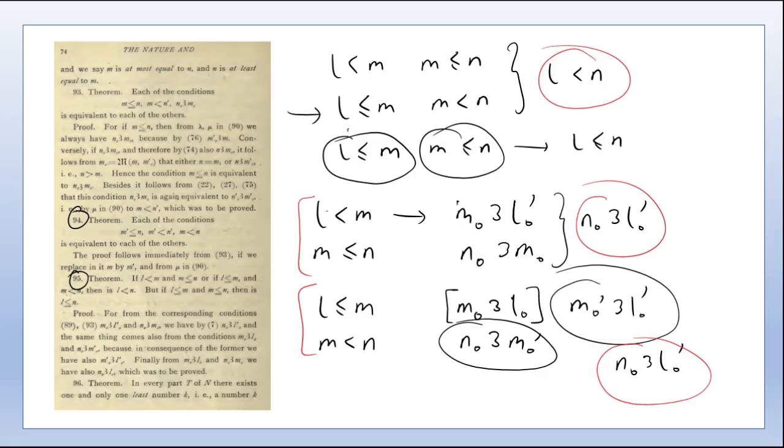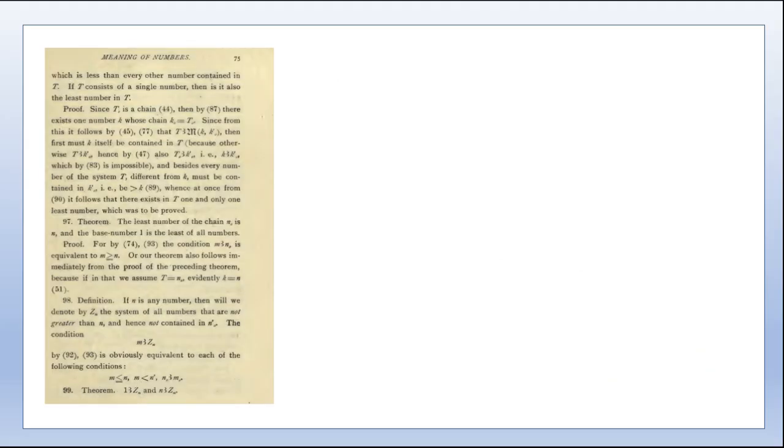Okay, so theorem 96, and I'll go on to the next page now. In every part T of N, there exists one and only one. So every part T of N, so T doesn't have to be a chain. Okay, so T is a part of N. T not necessarily a chain.